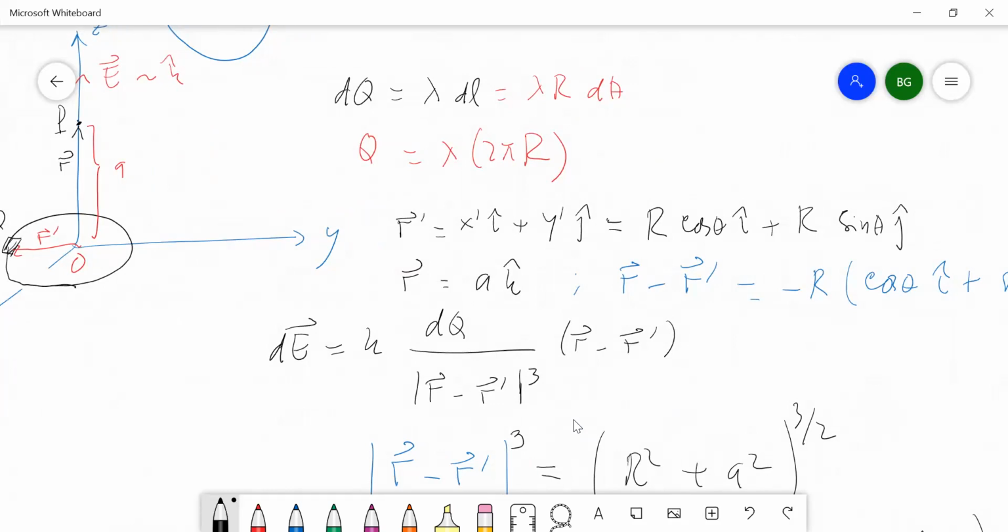The source coordinate r prime is x prime i hat plus y prime j hat, which is equal to R cos theta times i hat plus capital R sin theta j hat.